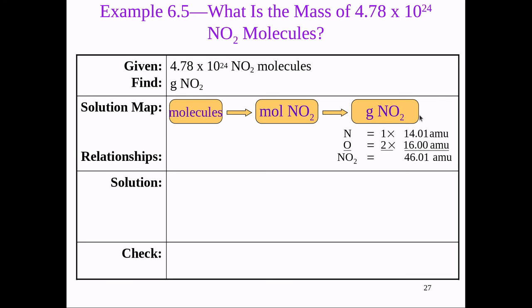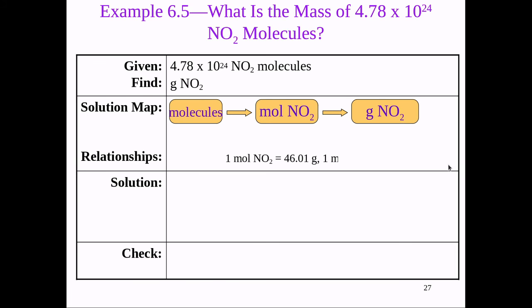We'll need to know how much an NO2 molecule weighs. We go to our periodic table, add them up, we get 46.01 AMU. Now we have our 2 facts that we're going to need for each of these steps. We know that 1 mole of NO2 is 46.01 grams, and that 1 mole is equal to 6.02 times 10 to the 23rd things.